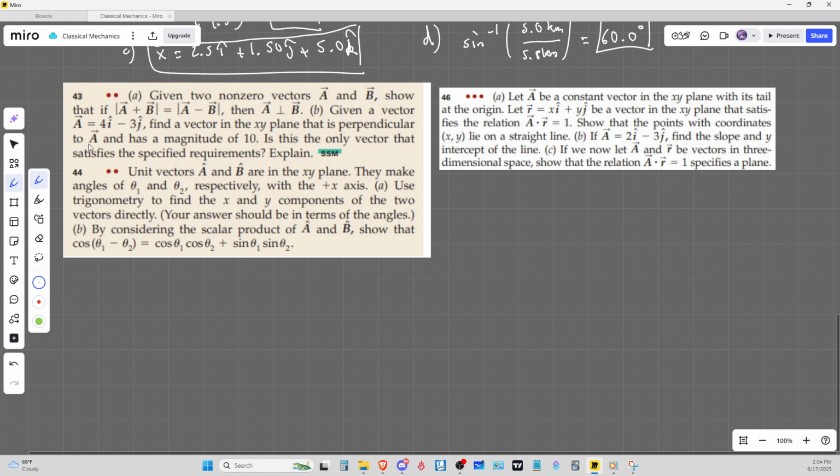Given a is equal to 4i minus 3j, find a vector in the xy plane that is perpendicular to A and has a magnitude of 10. Is this the only vector that satisfies the specific requirements? Explain. I think the answer to that question is no.